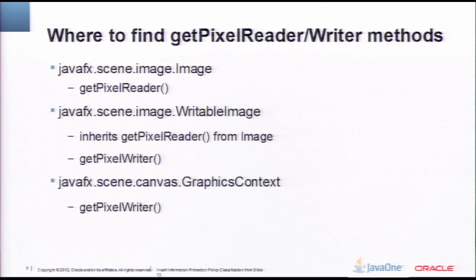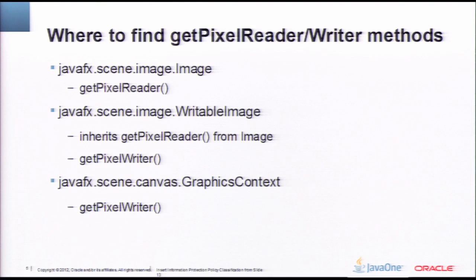We don't have write access to the images you load. Instead, we created a special class called writable image that you create with a width and a height. And you can still get a pixel reader for reading from it because it's a subclass of image, but you can also get a pixel writer and write to it. So that is the destination of any image operations that you might want to have.